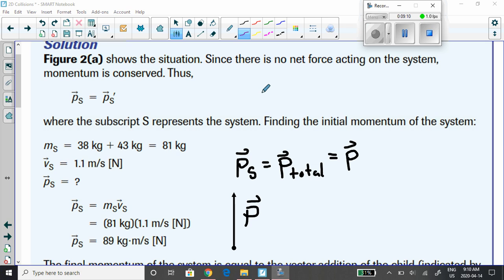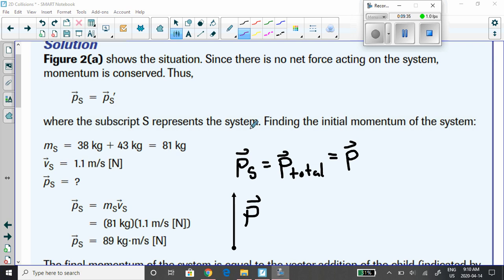And this is just a textbook version of what I just said. Figure 2A, the first figure before the walking, shows there's no net force acting on the system. Momentum is conserved, so the momentum of the system before the walking equals the momentum of the system after the walking. They use system, as I said. It just means total, or what I just like to call momentum, where the subscript S represents the system.